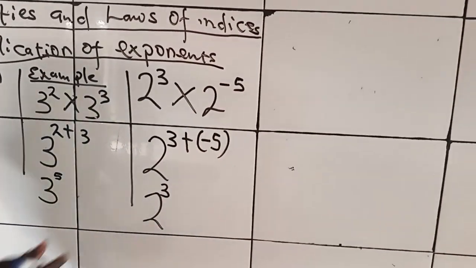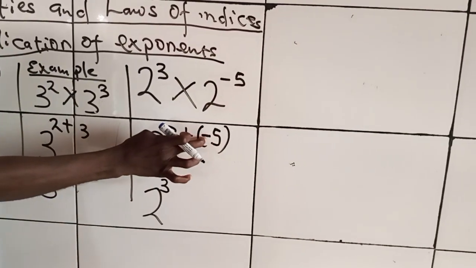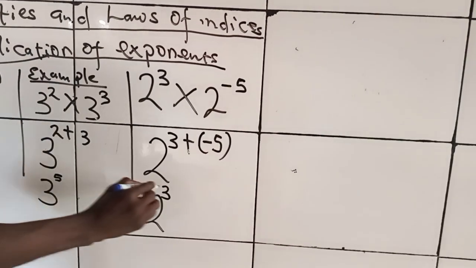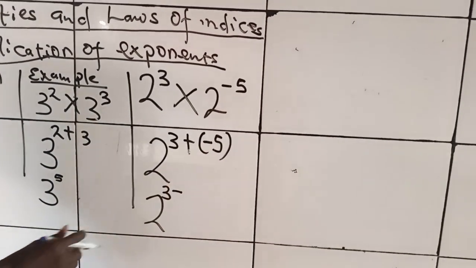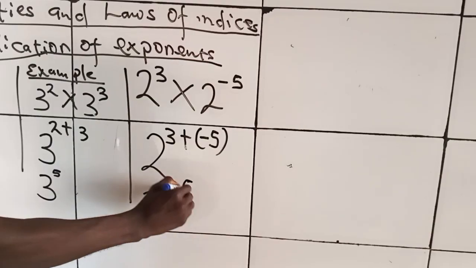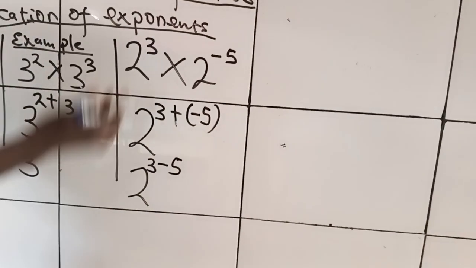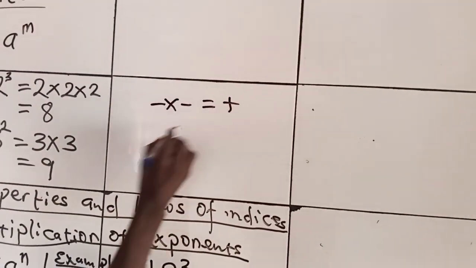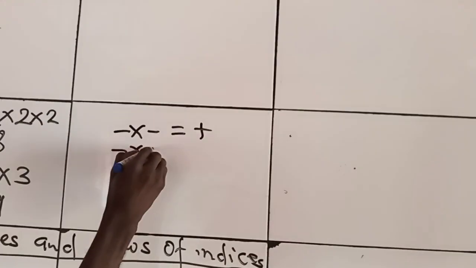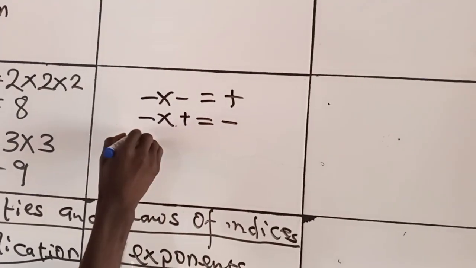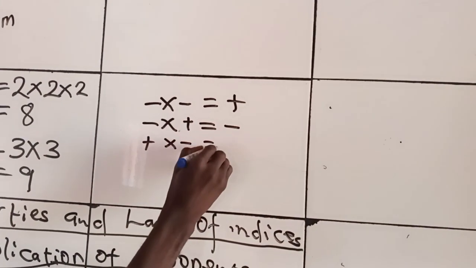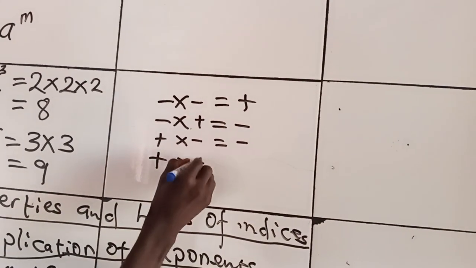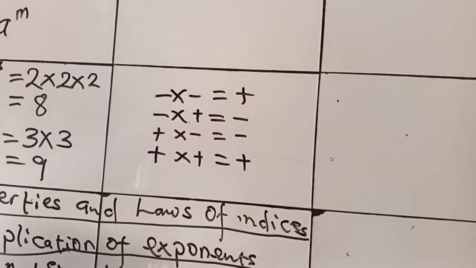Plus times minus will give you minus 5. It is a law in mathematics that minus times minus will give you plus, minus times plus will give you minus, plus times minus will give you minus, plus times plus will give you plus.